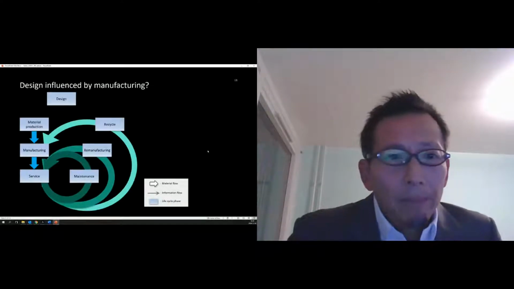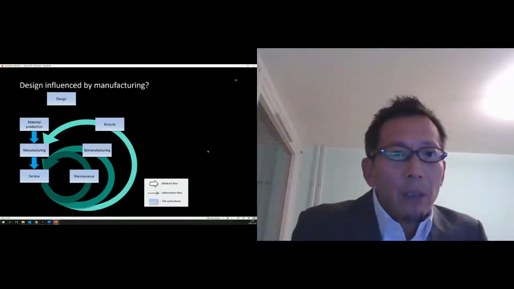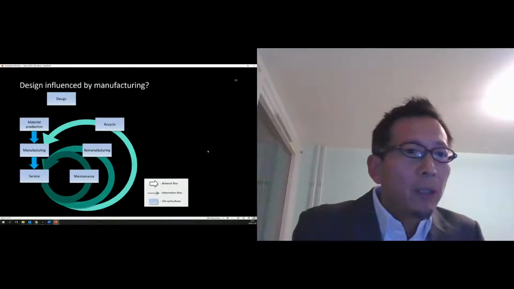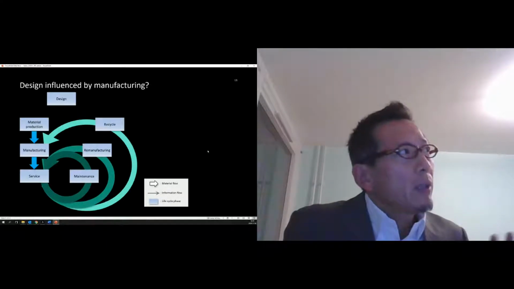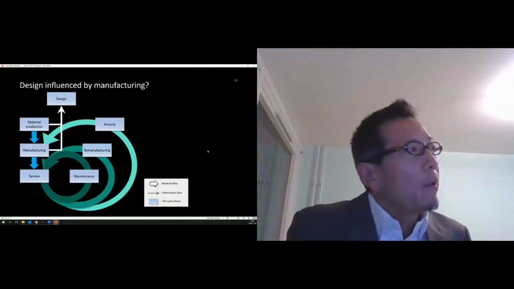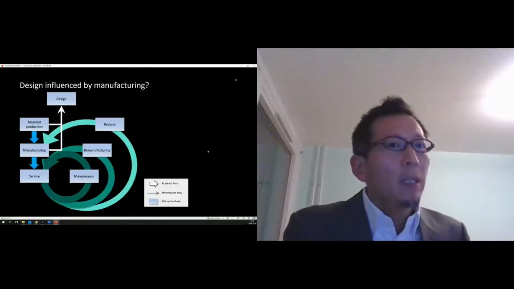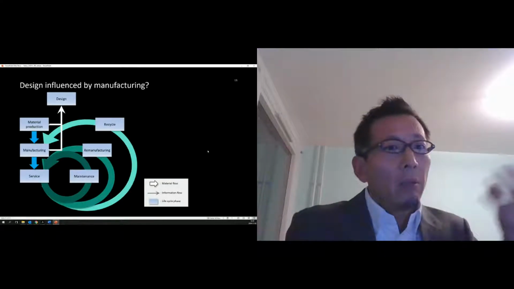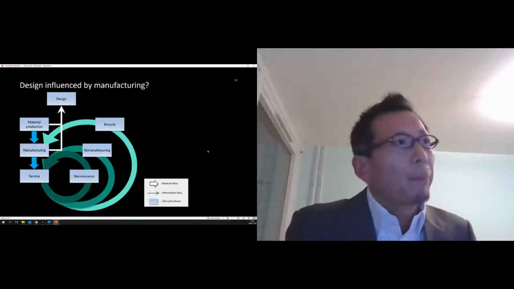So I'm now trying to sum up with the discussion of the results that we gained from literature review and multiple case study with industry. So basically this slide depicts the sort of information feedback from production and material production or component production and the final product assembly to design.